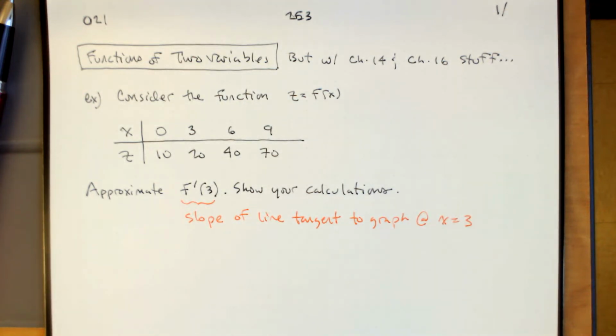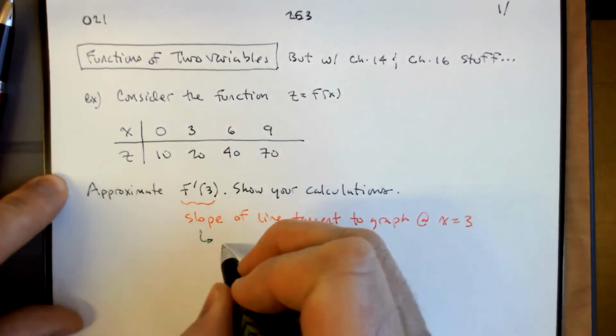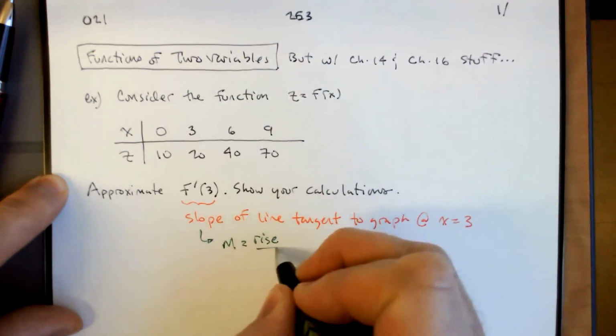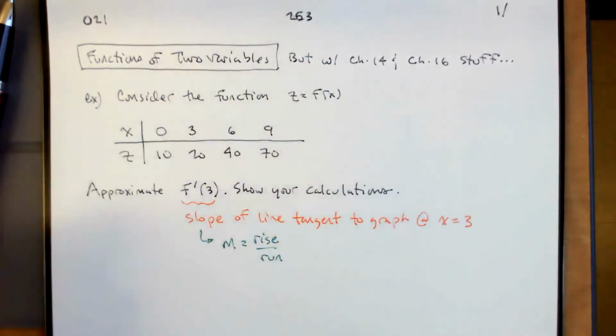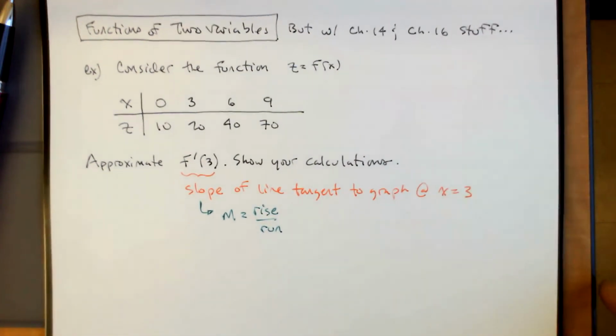Furthermore, we know that the slope is change in, well, in this case, z, change in z divided by change in x. We know that slope is rise over run. We get to describe two different numbers with one because we're just going to make a ratio out of it. In this case, rise will be our change in z, and our run will be the change in x, just like it's always been.